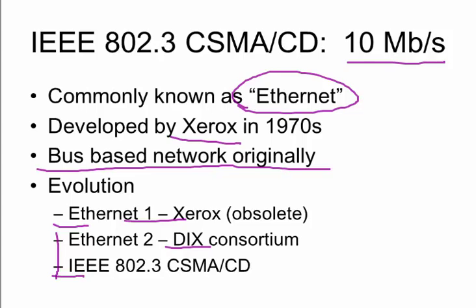The DIX consortium, DEC, Intel, Xerox, if my memory serves me correctly, was the first one that went out there in the Ethernet space. Now, that was commercially put out there. Like many things in the standard space, the 802.3 standard took a long time to get ratified and sorted out. Just like HTML5 standards taken a very long time to come to fruition. So the companies, the main ones in the networking space at that point, decided they wanted to get some product out there.